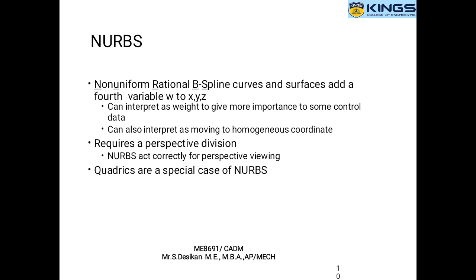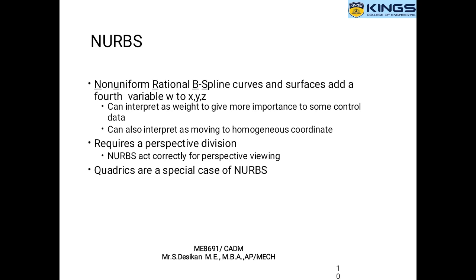Next important thing in B-spline curves is NURBS. The basic functional unit of B-spline curves is called NURBS, non-uniform rational B-splines. NURBS has a fourth variable w along with x y z. In some authorized textbooks we call it c.